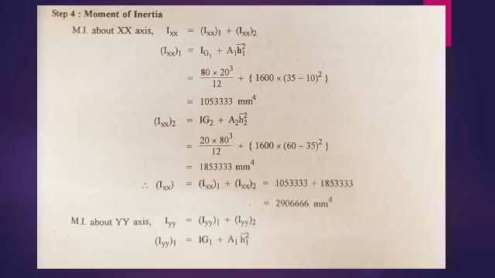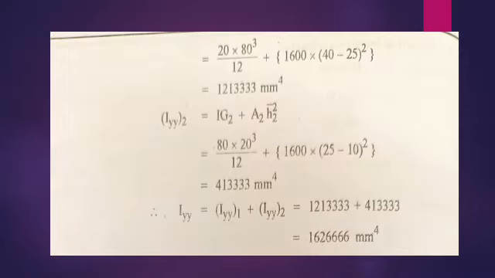Remember the formula: Ig1 is h b cube divided by 12. So 20 into 80 cube divided by 12 plus A1 value 1600 into h bar value, which is x bar minus x1.